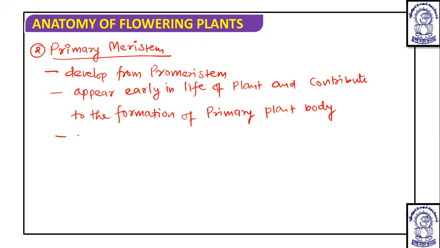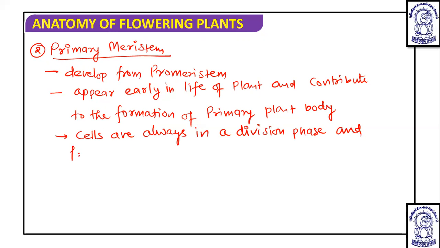And these cells are always in a division phase and form primary permanent tissue like parenchyma, collenchyma, and sclerenchyma.